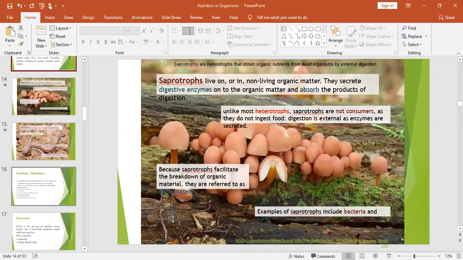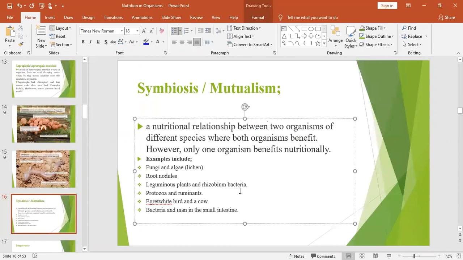Are you seeing what is on the screen? Can you read that? A nutritional relationship between two organisms of different species where both organisms benefit.